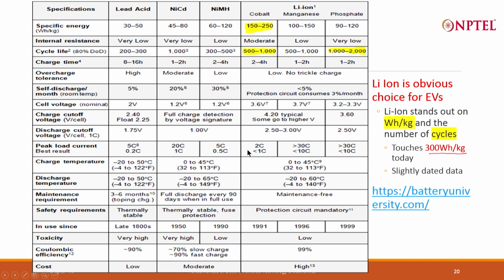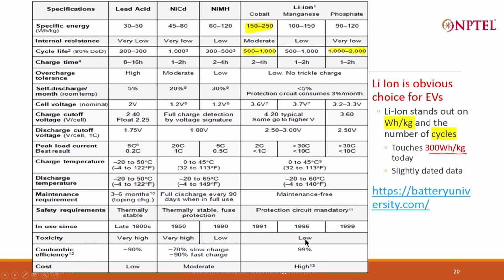Cell voltage, charge cutoff, all this plays an important role. Temperature is minus 20 to plus 60 degrees centigrade, charging temperature 0 to 45, this plays an important role. Maintenance free, of course, we are only talking about maintenance free batteries. Earlier batteries did have maintenance, and these are the dominant batteries that are used now.